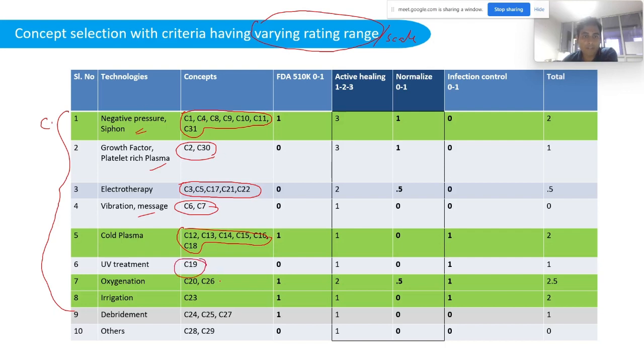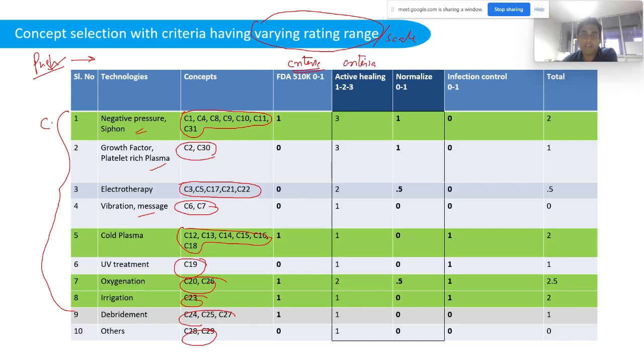Now the first level of screening, what we do using Pugh metrics. The next thing we did was using the weighted index method. We compared against concepts and then we selected. But sometimes, the criteria, these are the criteria basically, may need varying rating ranges.